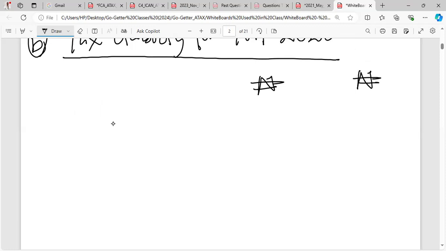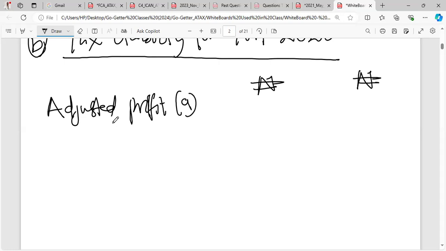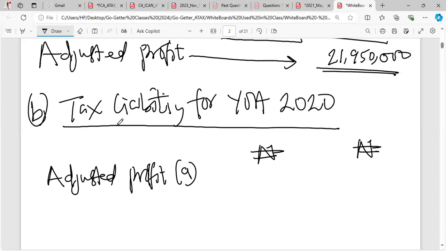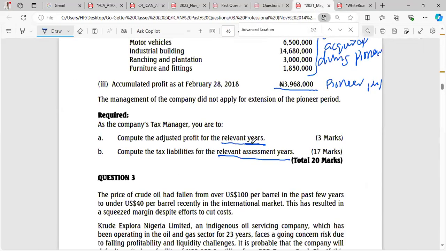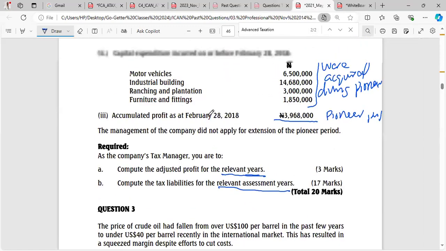We'll start with our adjusted profit. Adjusted profit, we'll say see the A part. Our adjusted profit, which we just calculated here, is going to be 21,950,000.